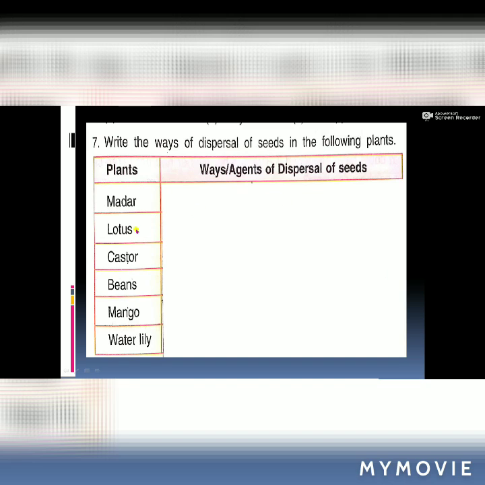Suppose here it is given lotus. For dispersal, you have to write dispersal of seed through water, and the agent is water. Understood? So all this you have to do in your homework.